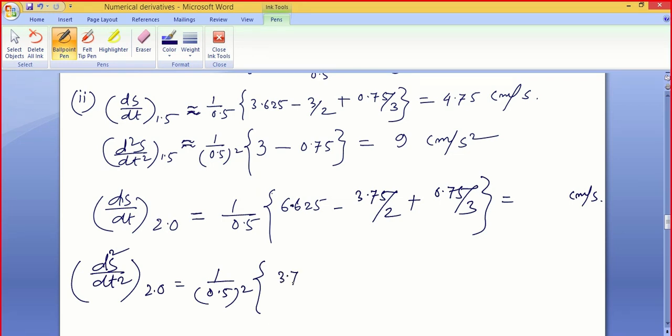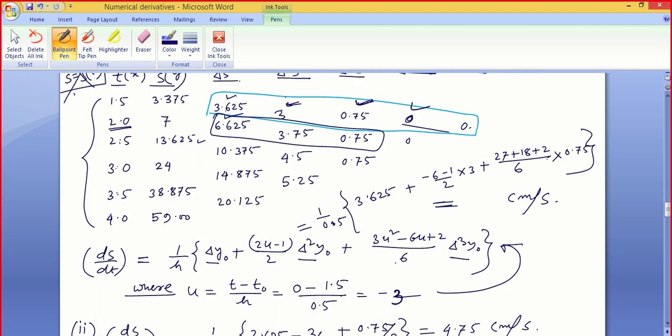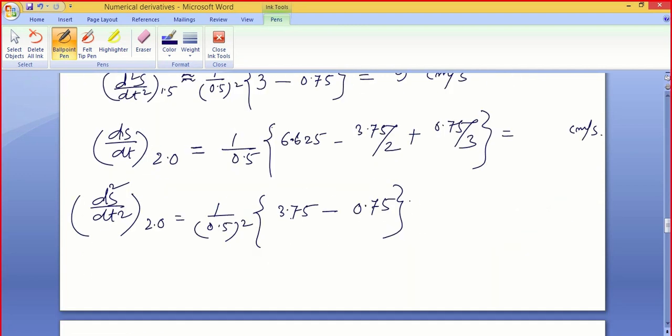So 3.75 minus 0.75, second difference minus third difference, plus 11 by 12 fourth difference, but that position is 0, so I will not consider that. Okay, cm per second square.